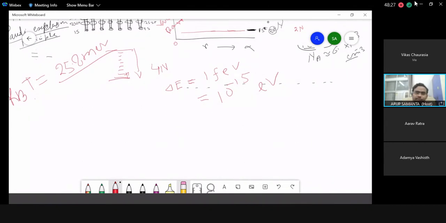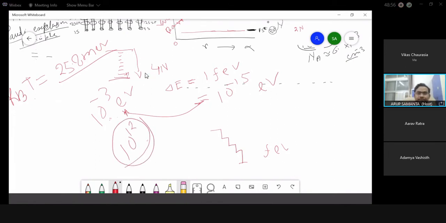If you consider this energy level spacing as a staircase, like the staircase in your home, it is at the femto electron-volt level. But the room temperature energy you gain is of the order of milli electron-volt, 10 to the power minus 3 electron-volt. So the difference is this high: 10 to the power 12 times higher.